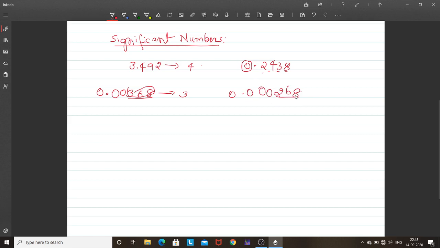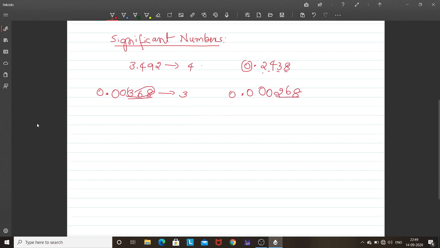Again, you have only 3 digits. We are not considering the zeros after the decimal point, which are used just to fix the position. That is how many decimal places you have: 1 2 3 4 5 6, 6 decimal places.